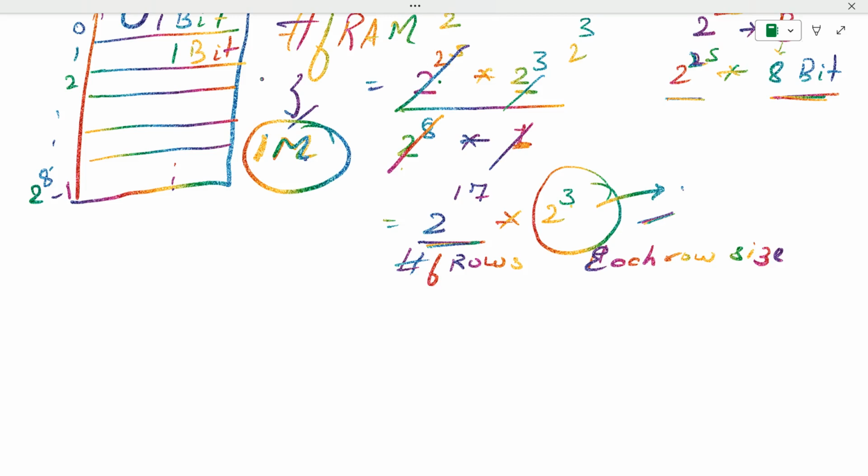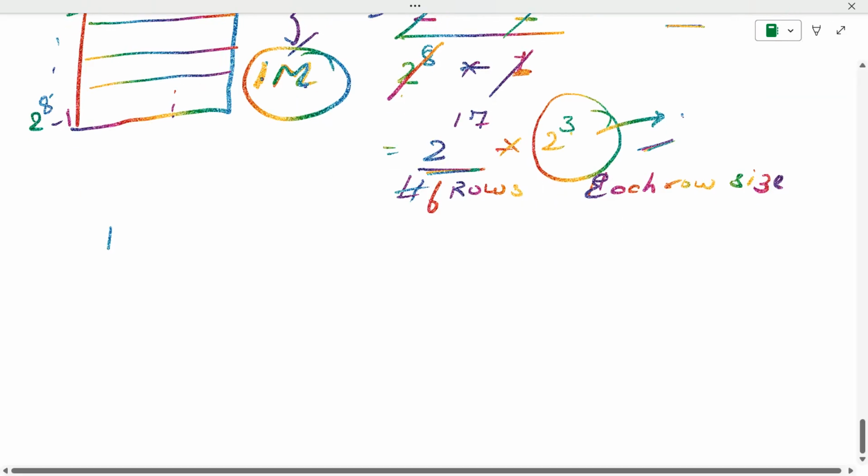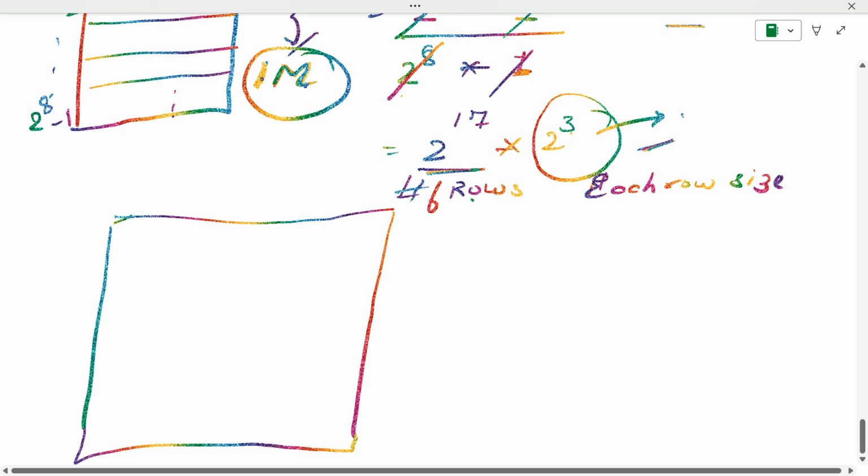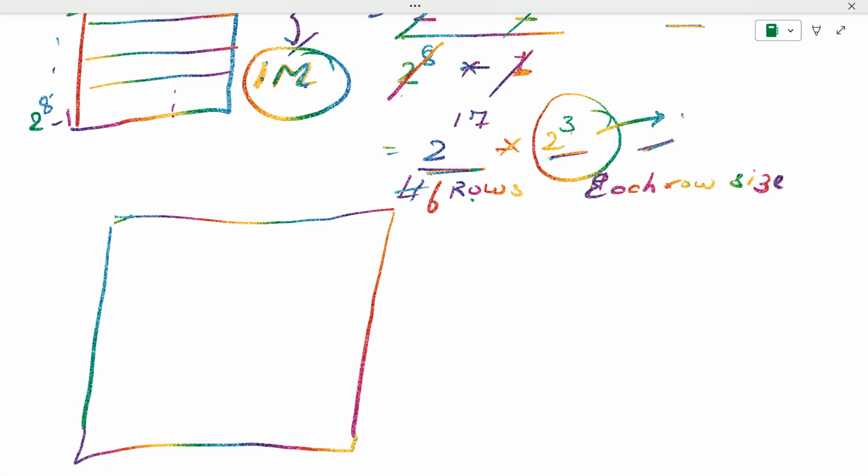But how this RAM will be organized into the main memory comes from this part, that is the organization part. So the number of rows will be 2 raised to the power 17. Since this memory is not bit addressable, it is byte addressable.